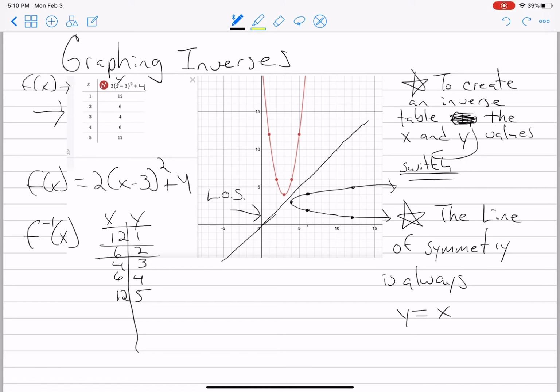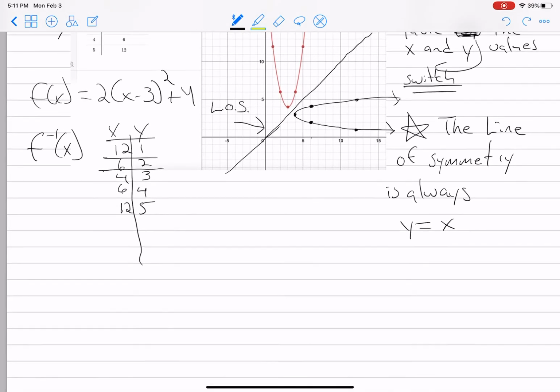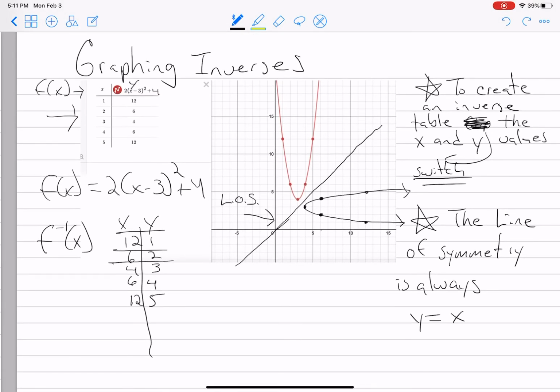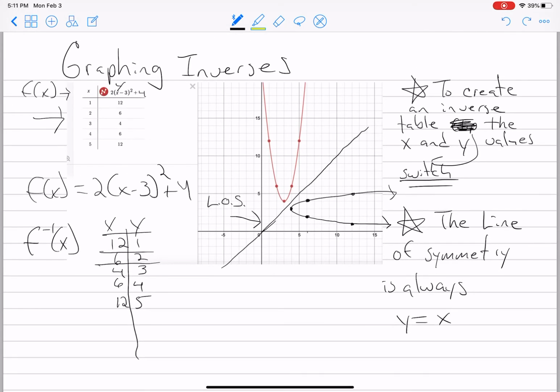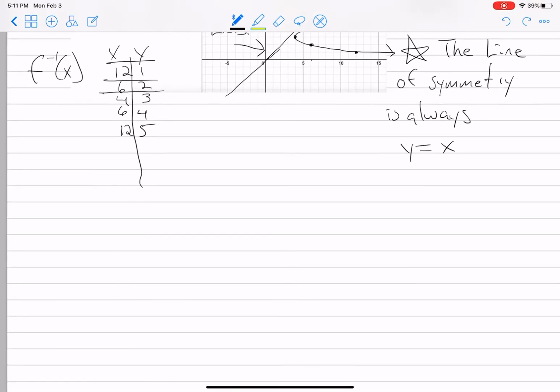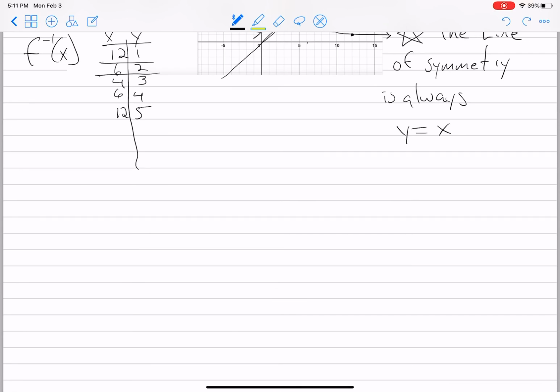Okay, the last thing I want you to do is this: I'm going to give you an equation, and you're going to graph the original and graph the inverse. I'm not going to do this one.